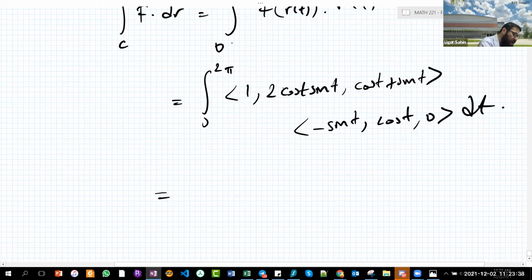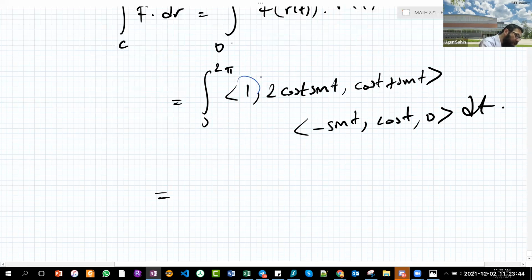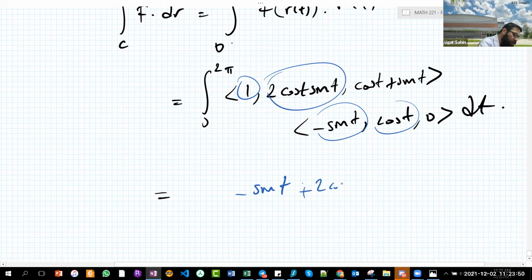Now let me go ahead and use the dot product. If you use the dot product here, multiply this by this, negative sine t. Multiply this by this, which is equal to cosine squared t sine t. Multiply this by this plus 0 dt.